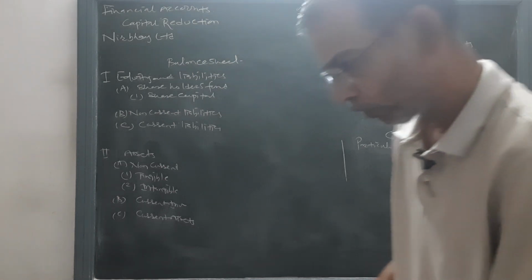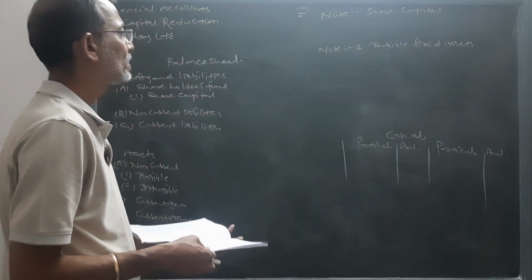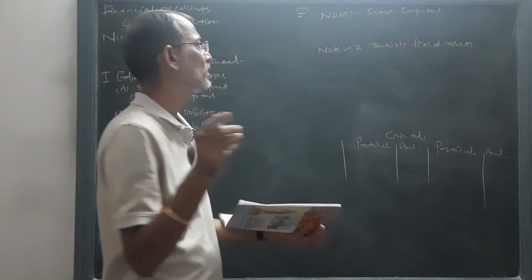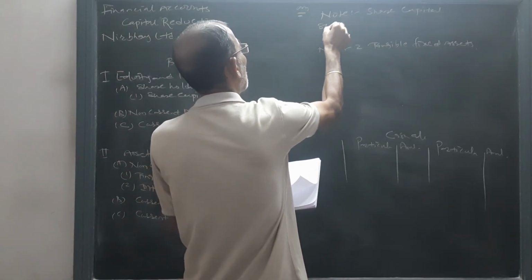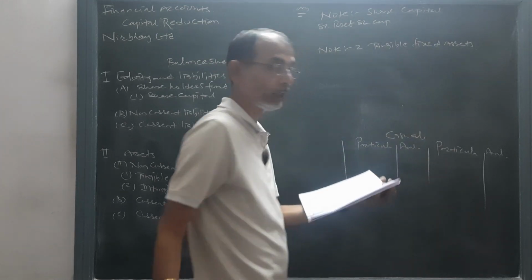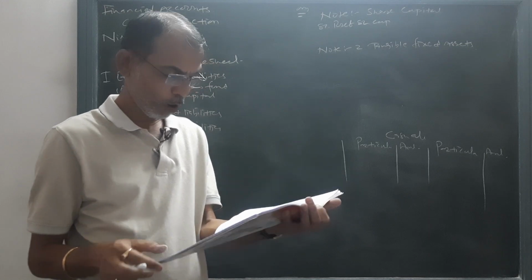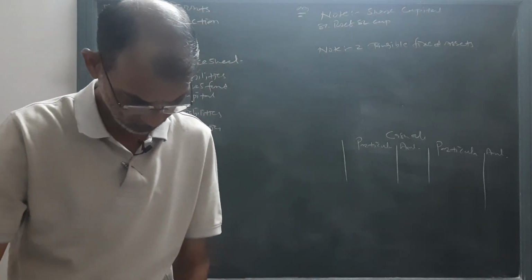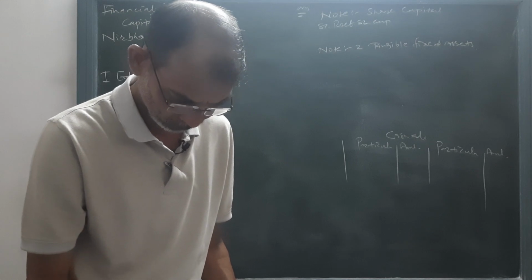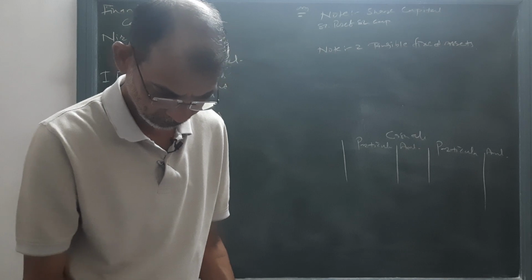Now if we start to prepare the balance sheet, first comes share capital. First was 8% preference share capital, that was 2 crore, out of which how much was reduced? 80 lakh.